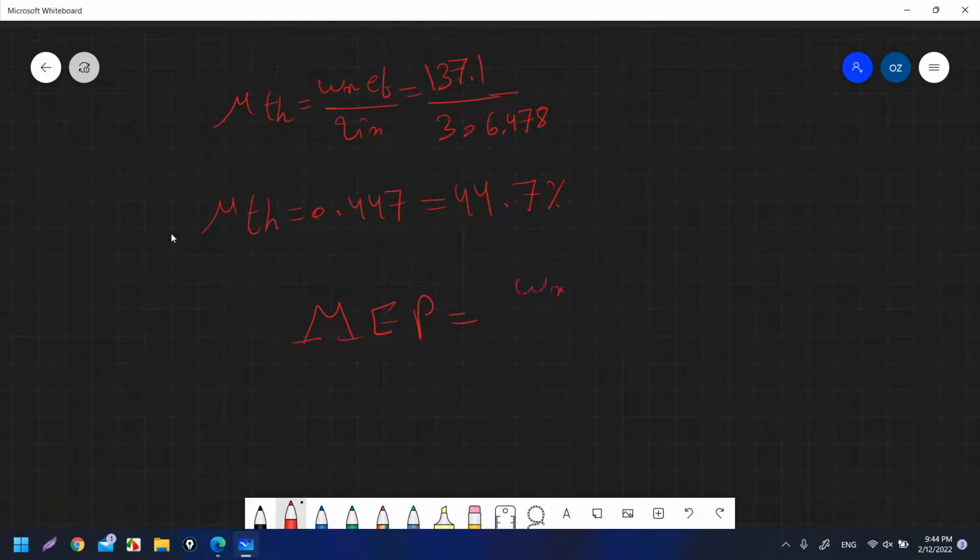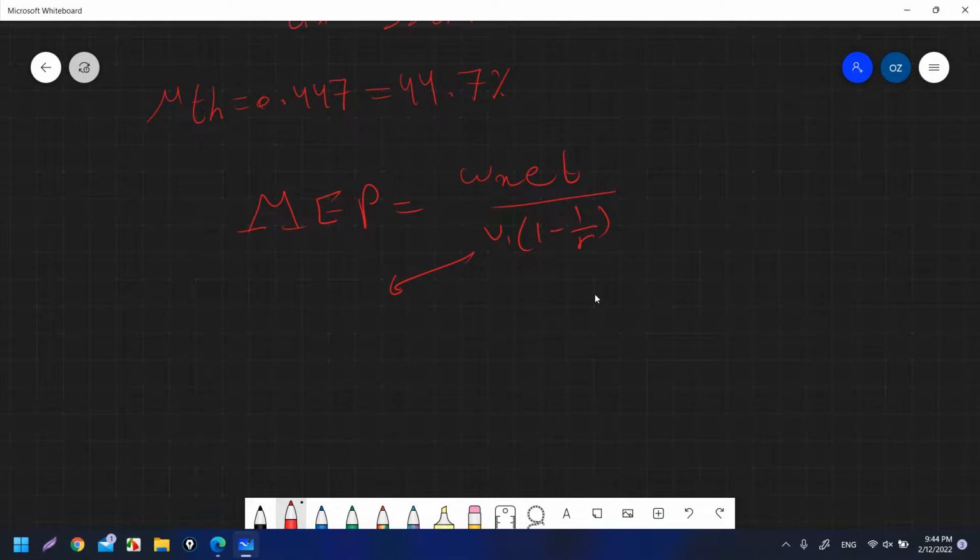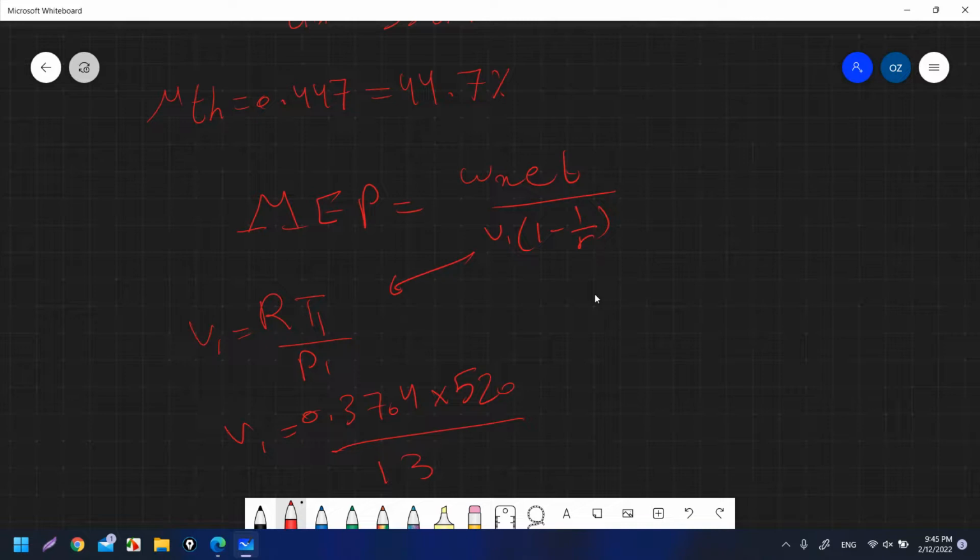And the mean effective pressure is equal to W net over V1 times 1 minus 1 over r. V1 is from the same ideal gas equation we saw before with constant specific heat: v equals R times T1 over P1. R is 0.3704 for these units, T1 is 520, and P1 is 13 pounds per square inch absolute, so V1 is 14.82 feet cubed per pound mass.